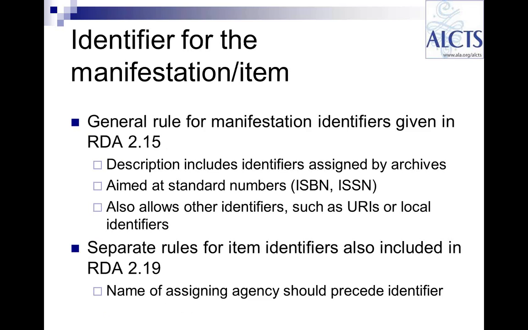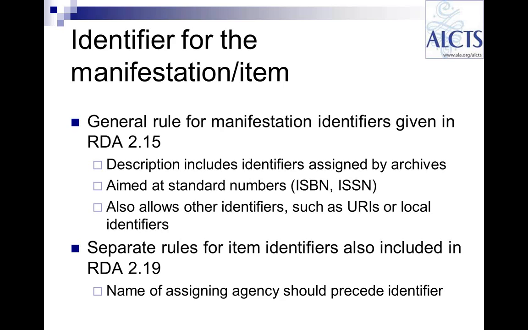The next element is the identifier. Identifier of manifestation is required by RDA. However, this again is one of those examples where the FRBR model doesn't necessarily tie in very well to the archival model.